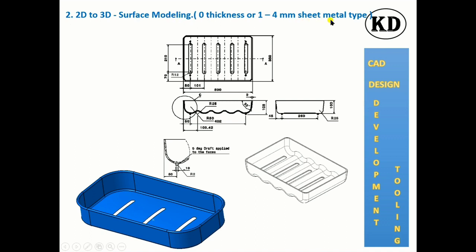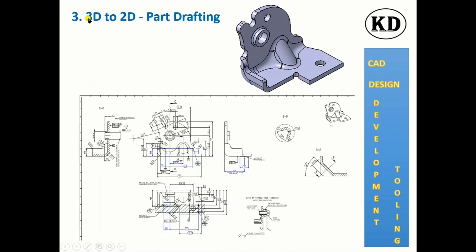Next one is our 2D to 3D surfacing. In that also, from all these 2D drawings, detailed dimensions will be given to you. You have to make surfacings. Next one is our 3D to 2D drafting. When they give you the 3D parts, you have to draft those parts.